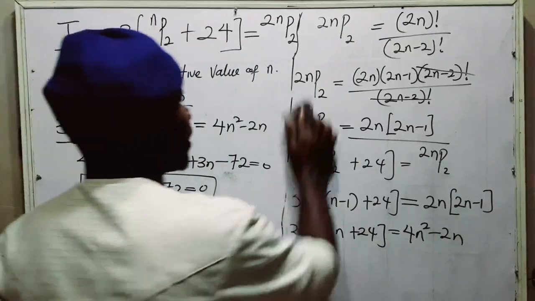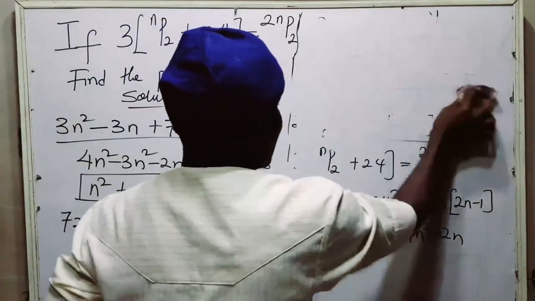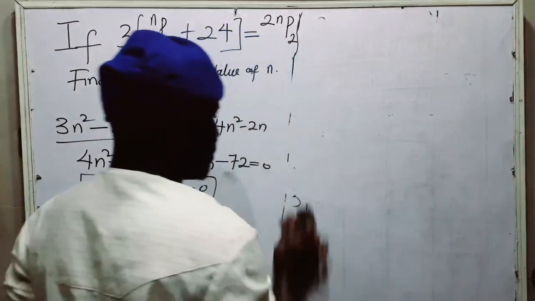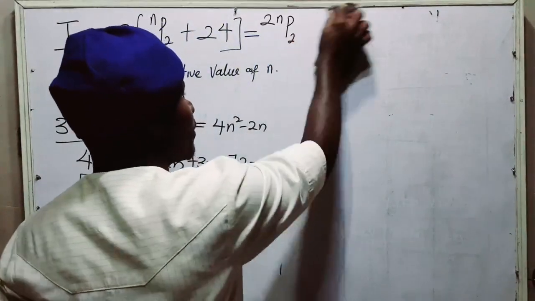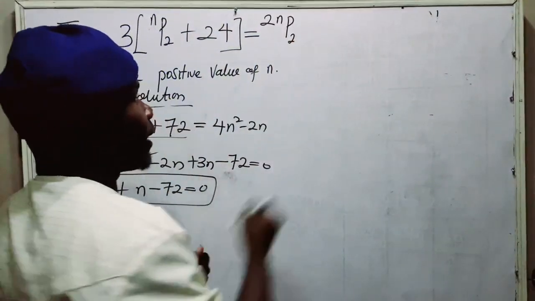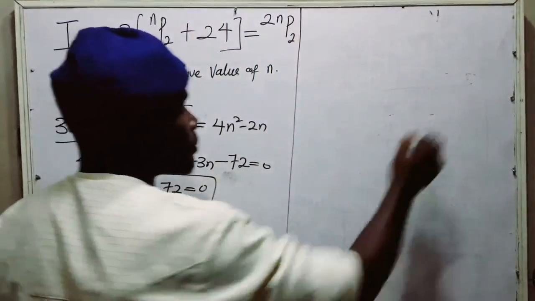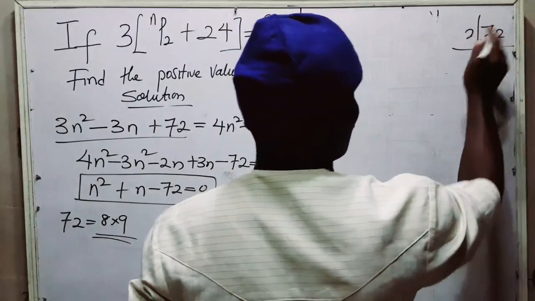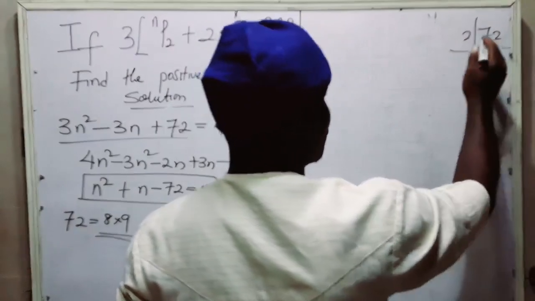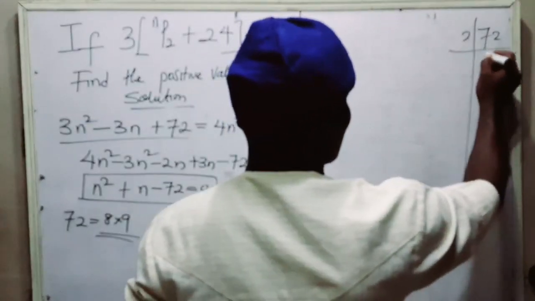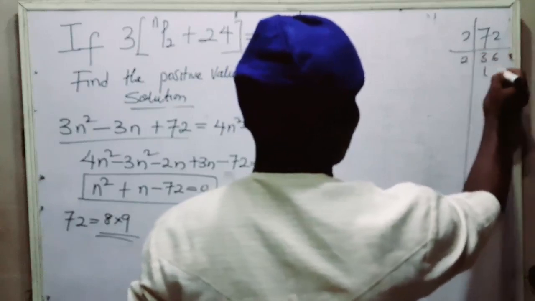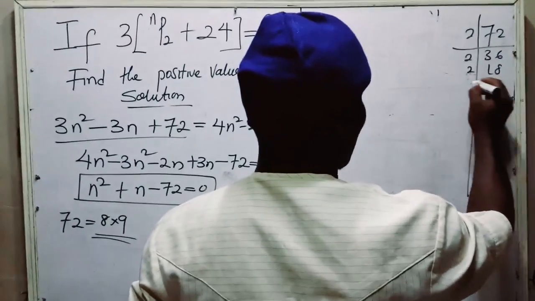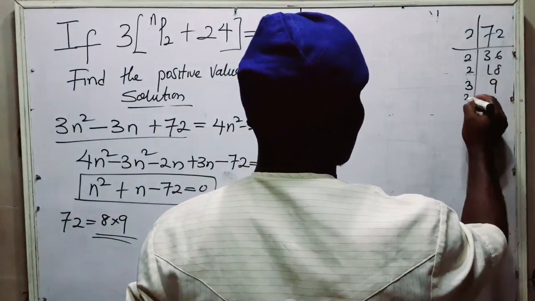So meanwhile, how do we get 8 and 9? Let me try to explain that to make it easy. How do we get 8 and 9? So let's try to just do the format. We have 2 in 72, 2 in 72, we have 36. 2, we have 18. 2, we have 9. 3, we have 3. 3.